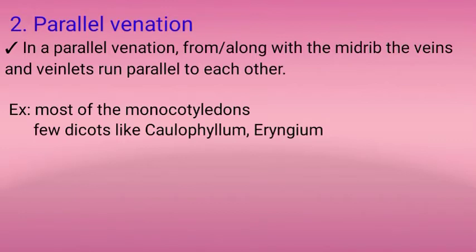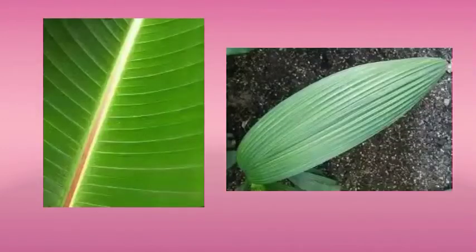Example: most of the monocotyledonous plants, and few dicots like Calophyllum and Eryngium show parallel venation. Let's check the diagrammatic representation of parallel venation. So, from or along with the midrib, veins and veinlets run parallel to each other.